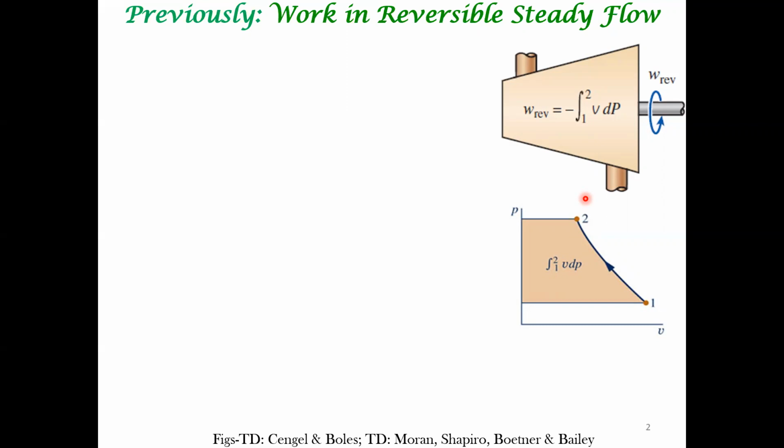As opposed to that, when you have a reversible steady flow system, we derive the expression of the form integral VdP. Okay, so the system we are looking at goes from state 1, let's say, to state 2, and there is a work interaction.